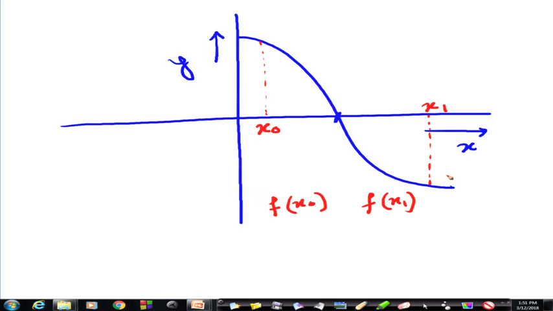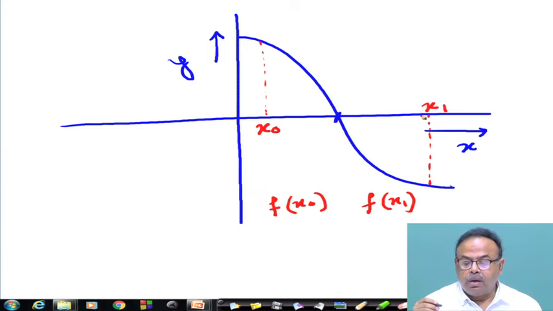We will then try to find out the midpoint of x0 and x1. Suppose the midpoint of x0 and x1 is x2. So, if f(x2) and f(x0) are of opposite sign, then I have reduced my space, right.